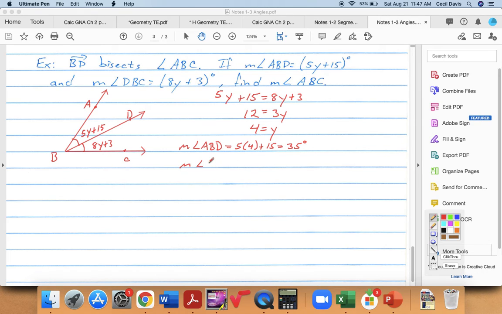The measure of DBC had better come out to be the same thing, so I don't technically have to do this, but it's not a bad idea. That's 32 plus 3, also 35 degrees. So then this whole angle would be 35 plus 35 is 70 degrees.